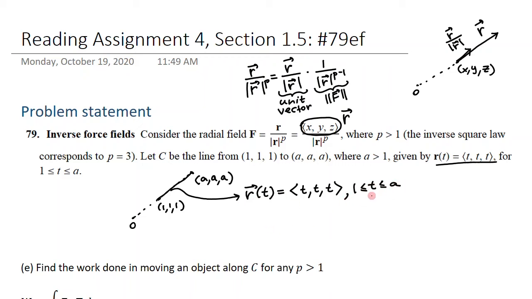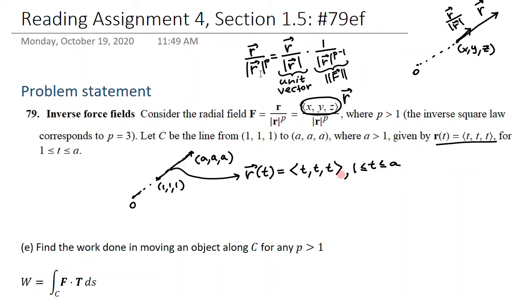The reason it makes sense is that when t equals 1, we start off at the point (1,1,1). Then t increases, and the direction of traversal on this line goes from this initial point to the final point. So the parameterization implicitly tells you the direction of traversal.